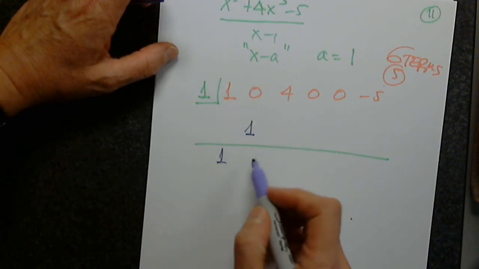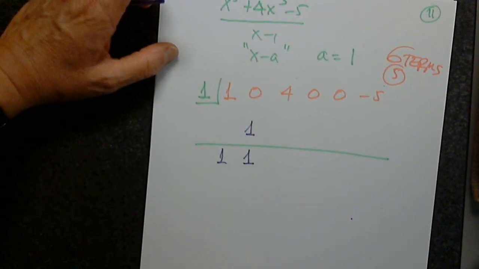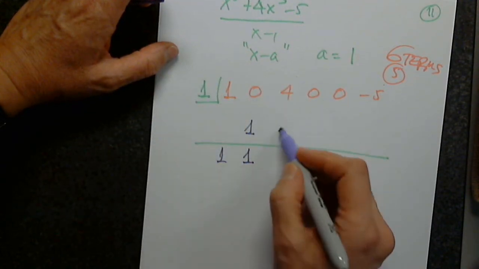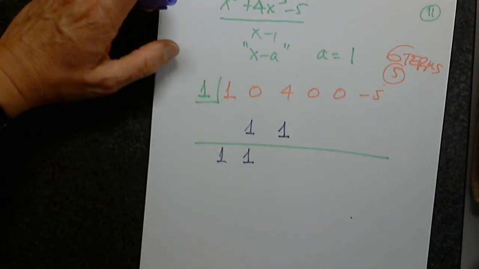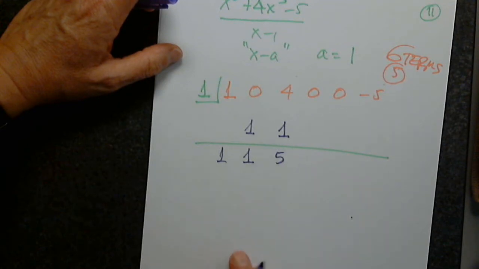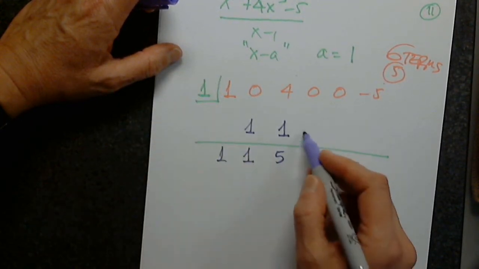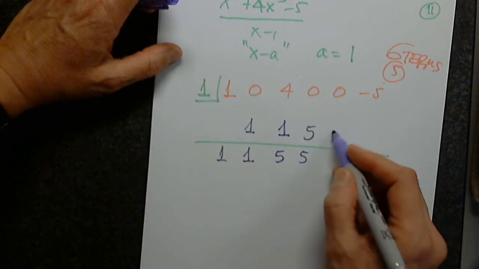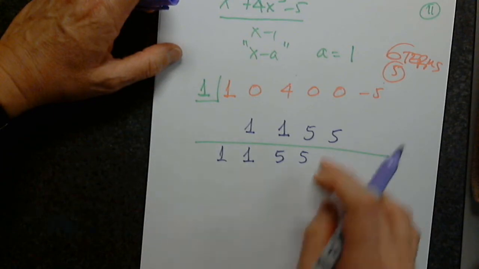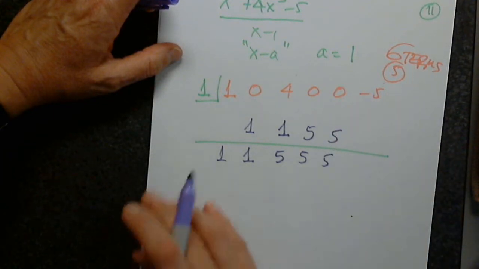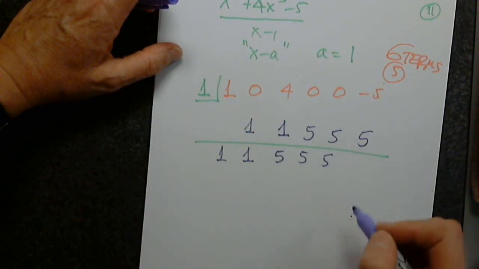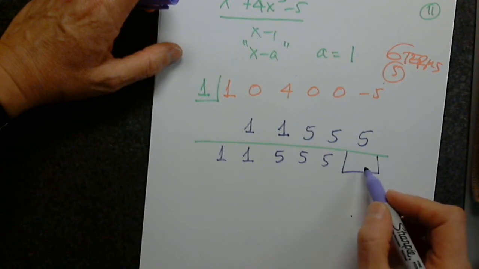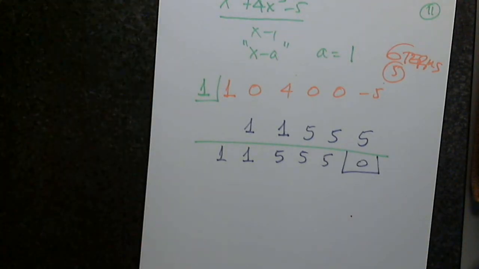Then I get 5. 1 times 5 and I write the answer above the line. 0 plus 5 is 5. 1 times 5 and I write the answer above the line. And finally I get 0. Good.